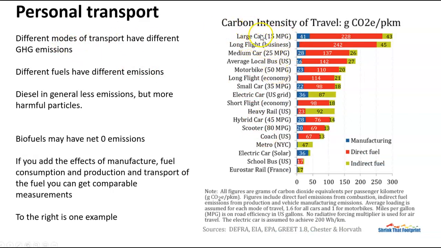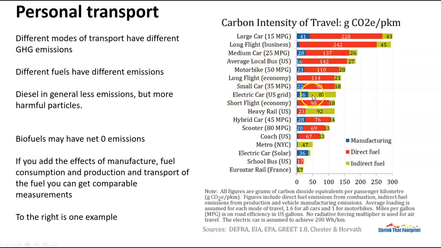And here we see that if we take into account that the fuel is transported to the pumps, that would be your indirect fuel cost, and you need to manufacture the car, we see that large cars, like your SUVs, and your long flights are actually quite comparable, being about 0.3 kilos of carbon dioxide per passenger kilometer traveled. Whereas smaller cars have less.